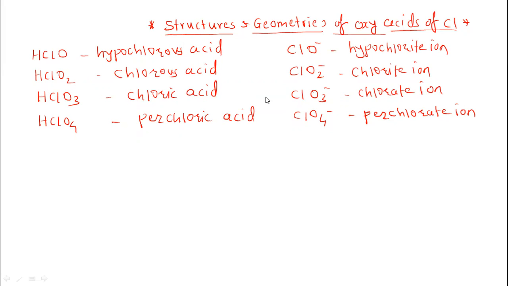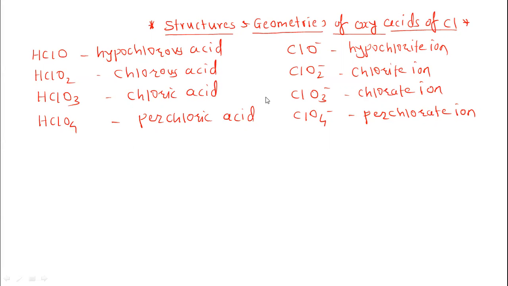In hypochlorous acid, the oxidation state is +1. In chlorous acid, the oxidation state is +3. And in the next oxyacids, it is +5 and +7. Now, when hypochlorous acid loses the proton, it gives hypochlorite ion.